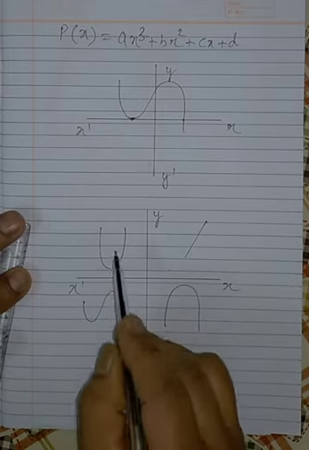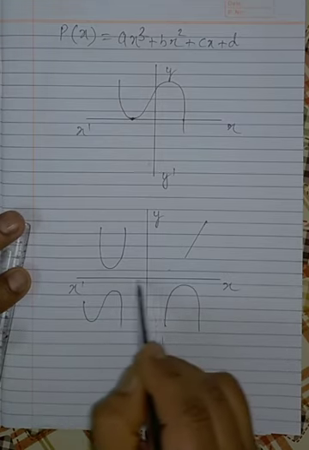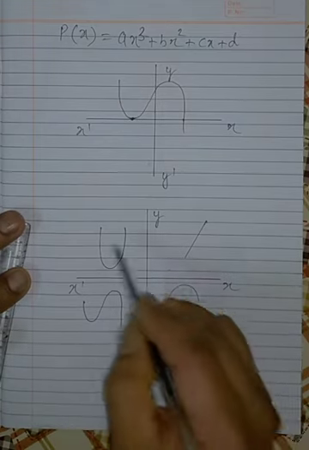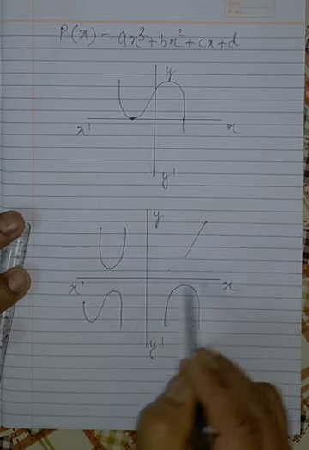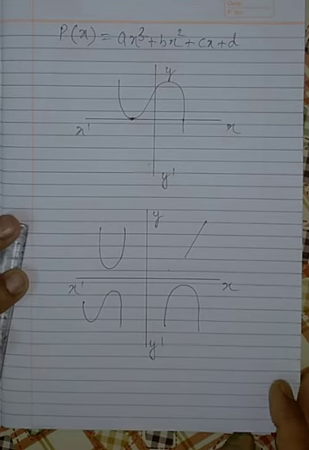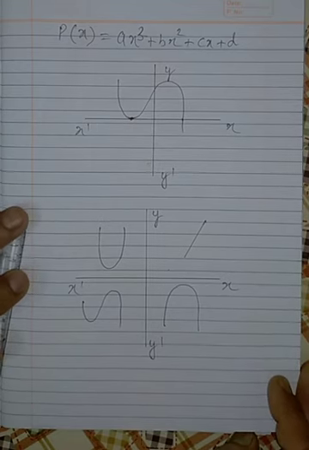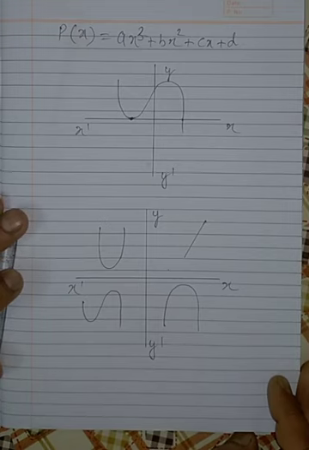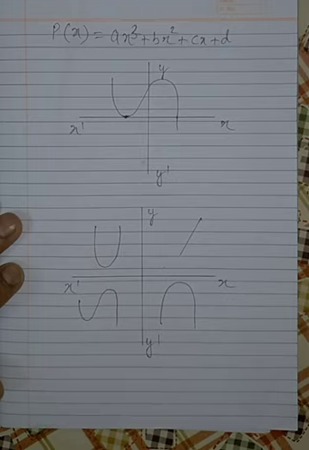As you can see, none of these is intersecting the x-axis. That means these kinds of presentation cannot be the graphical presentation for the zeros of the polynomial. The zeros of the polynomial are the values of x which we find at the point of intersection on the x-axis.